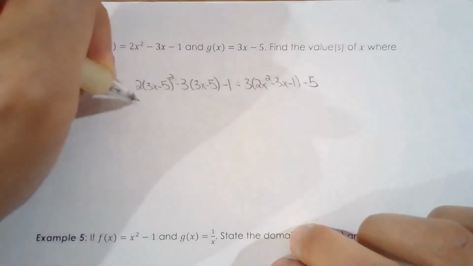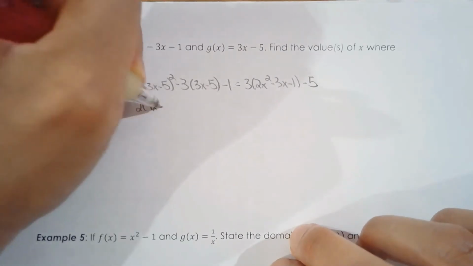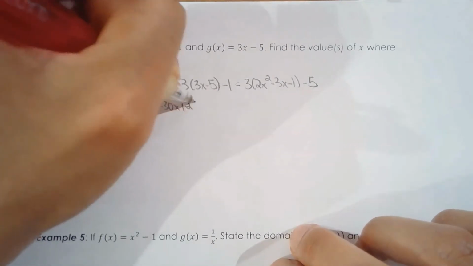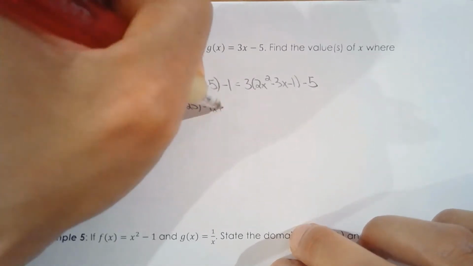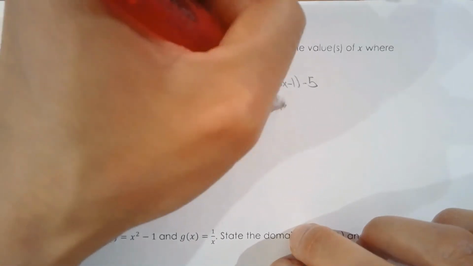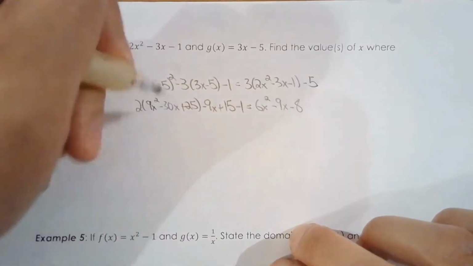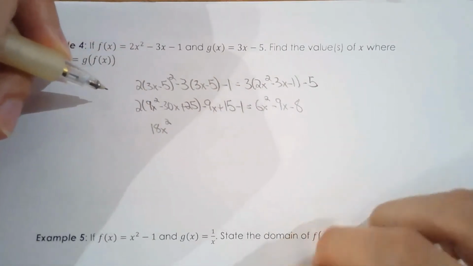So let's see. Just don't make a careless mistake here, because that will cascade and you won't get the correct answer. So I'm going to simplify. I'm going to try to save myself a few steps, but you can take your time.